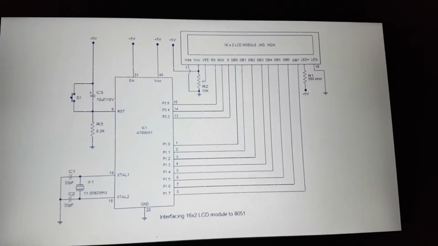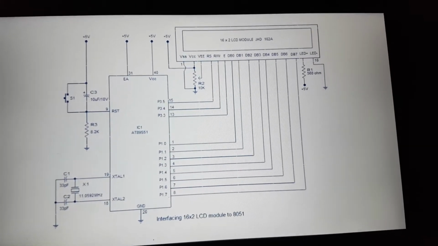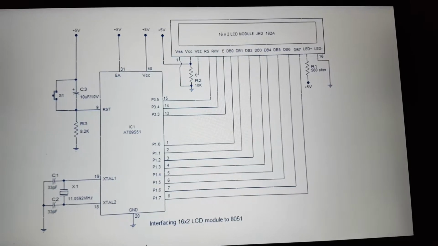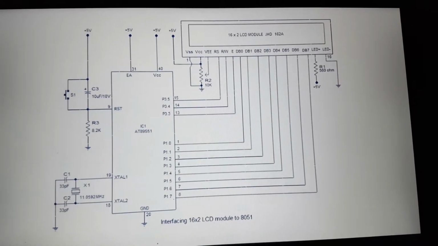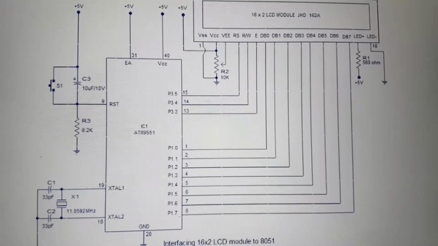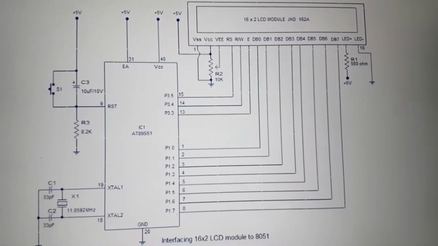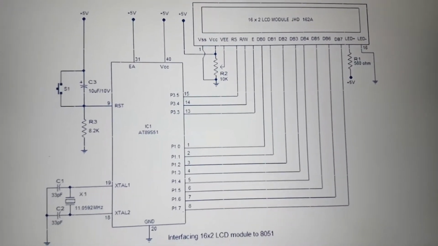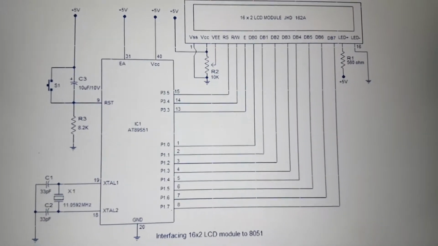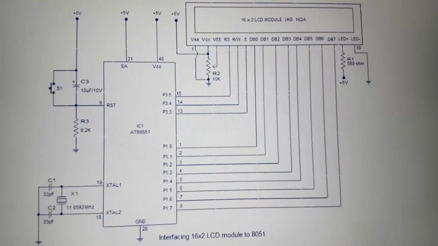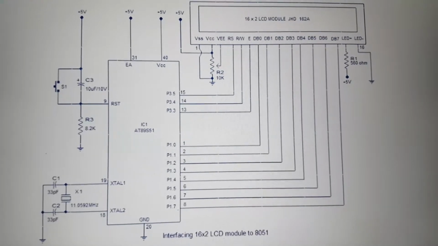Now this is the circuit diagram for interfacing LCD to 8051 microcontroller. A 16x2 LCD module is a very common type of LCD module that is used in 8051 based embedded projects. It consists of 16 columns and 2 rows of 5x7 and 5x8 LCD dot matrices.